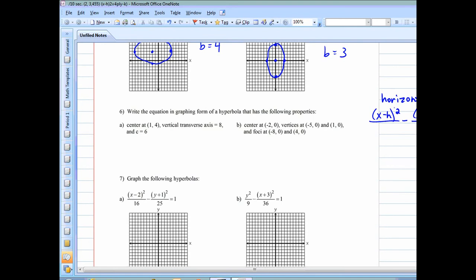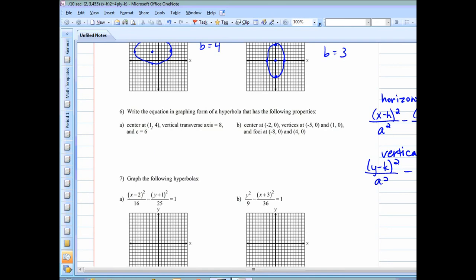X is first on the top. This one, we look at the numerator to see which is first, x or y. The a squared and b squared are always in the same location for the two types. So vertical is going to be when the y is first on the top. The a squared always is the bottom left, b squared is always the bottom right. So there's just a general rule for hyperbola.